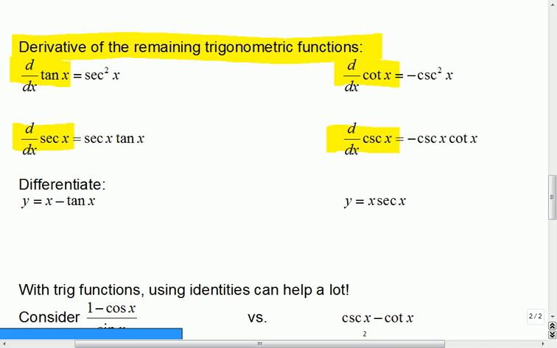So one trick, I've written it in one way that I use to help me remember. For example, when tangent goes to secant squared, and secant is secant tangent, on the other side, I get cosecant, cosecant, just like I get secant, secant.